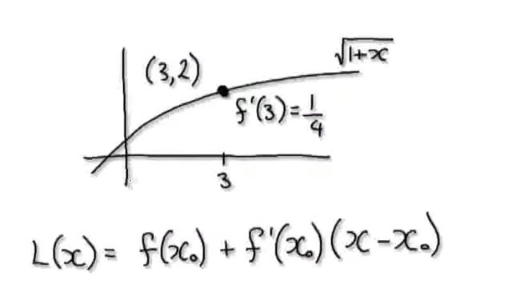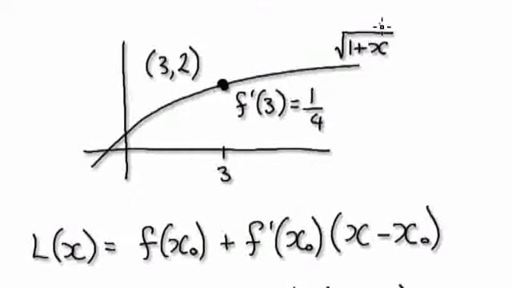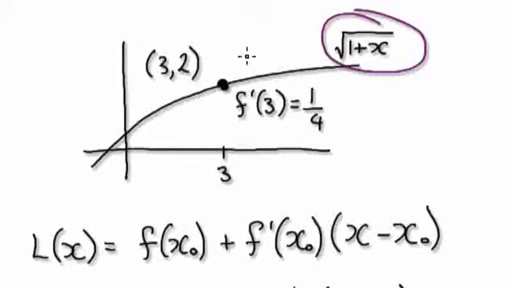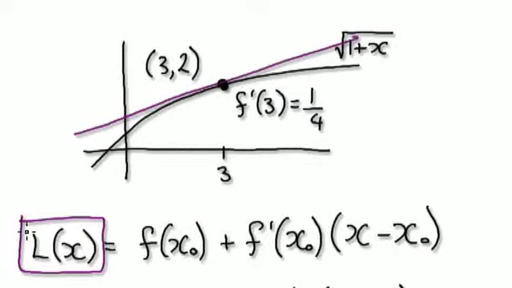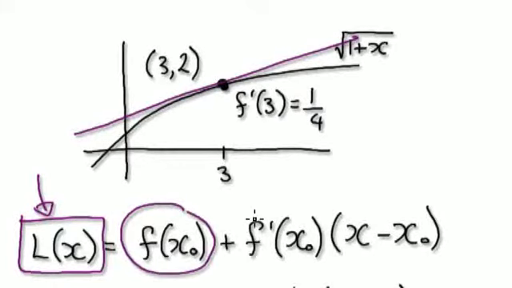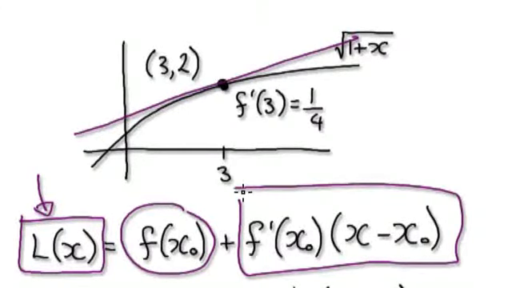So what we've got so far is this. We've got our function here. We've differentiated it. The gradient at this particular point is 1/4, and we know the coordinates at this particular point. So our linearization, this fancy symbol here, is really the equation of that tangent line. This is saying the equation of that tangent line is given by this thing here plus this thing here.